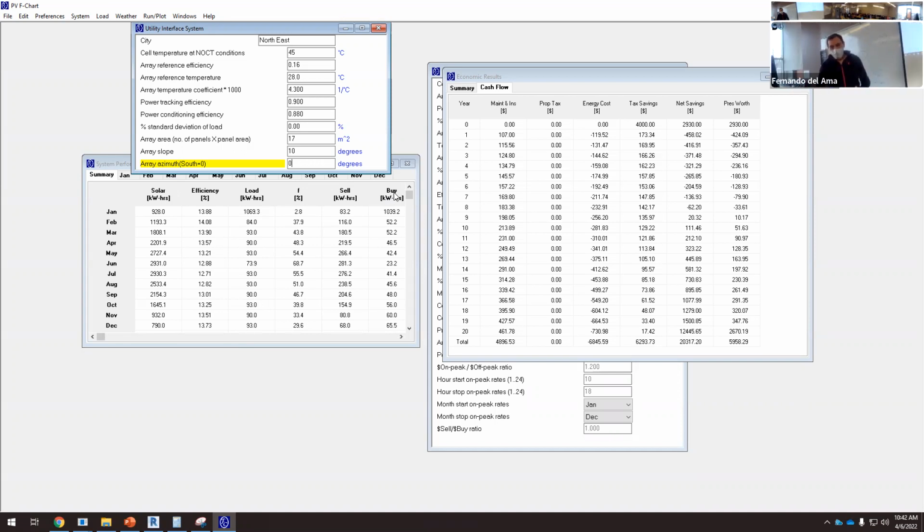And this solar, this is the energy that I'm receiving, and this is the energy efficiency. Okay, so the energy production would be this column times this efficiency. So that would be the energy production.